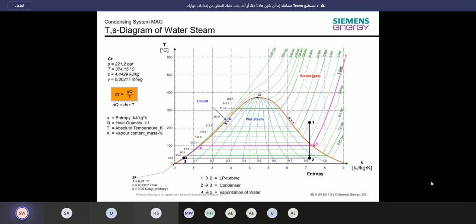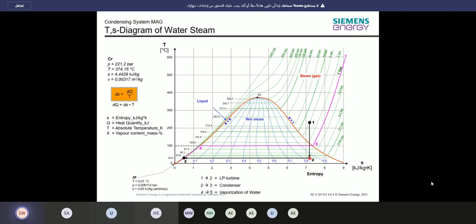And the same thing later on when we're coming to condensation. We heard it before already, in condensation energy is getting free, yeah? So here we need to put energy in to get it vaporized. And when we see here, this is from the steam turbine outlet, so LP turbine inlet to LP turbine outlet.